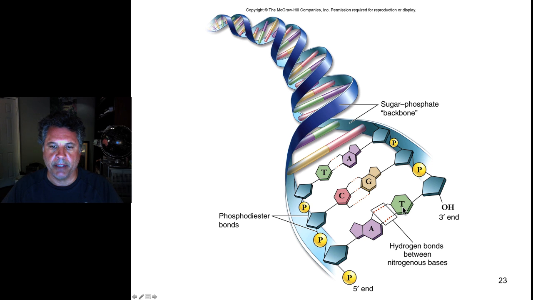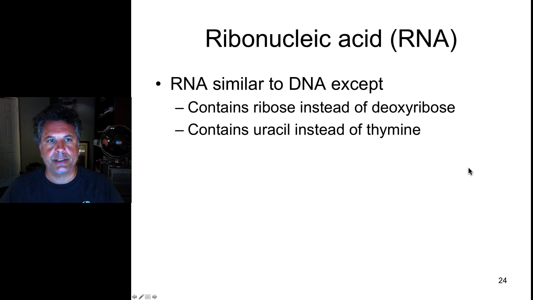Here's adenine and thymine. But only between those base pairs. Adenine can't pair with guanine or cytosine. Cytosine can't pair with adenine or thymine. T's are always paired with A's, and G's are always paired with C's. Here's an AT base pair there. We'll talk more about that a little later in the course.